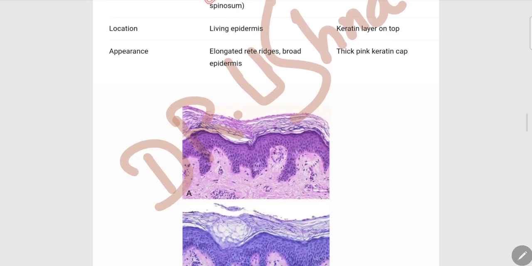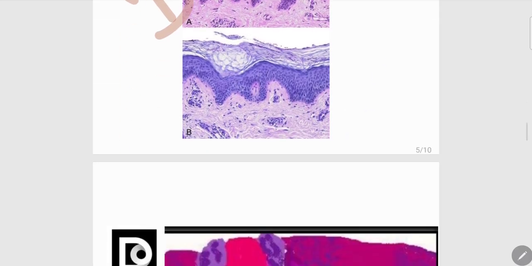Here you can see this thickened blue layer, this is your acanthosis. Due to this, your rete ridges appear elongated and somewhat enlarged. We call it acanthosis, regular or irregular, and this is hyperkeratosis. So this is the difference between the two layers.